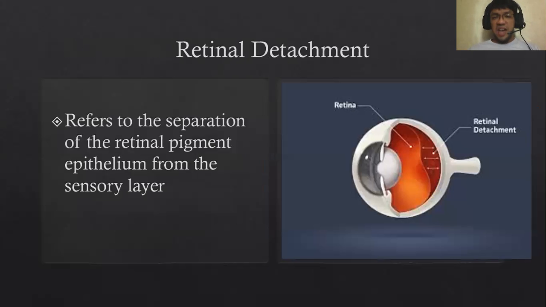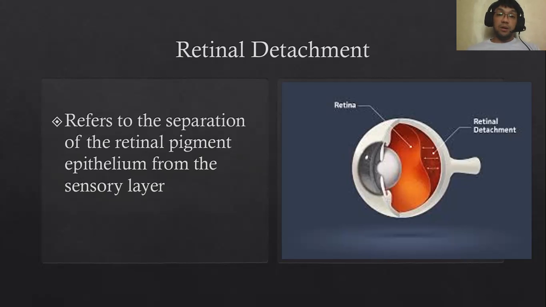For retinal detachment, this usually is caused by any traumatic blow to the head. So for example, you've experienced a traumatic blow, you went into a fight with someone and somebody hits you so hard on the head, most especially near the eye area.